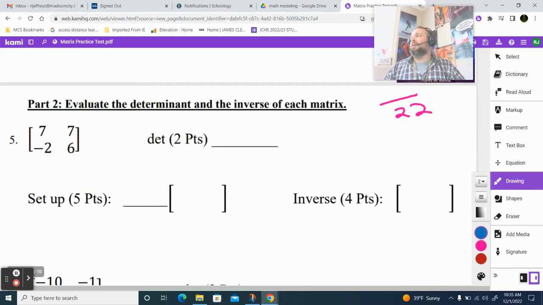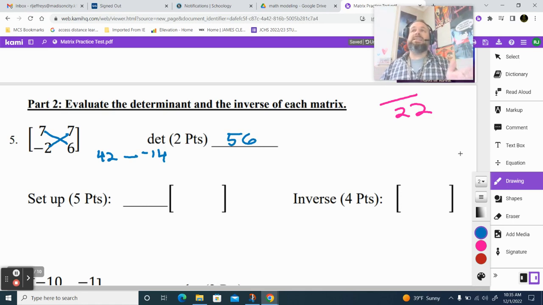Some of them not so great, because you kind of forgot the process. First thing, the determinant. This is going to be 42 minus negative 14. It becomes 56. That is worth 2 points right there.